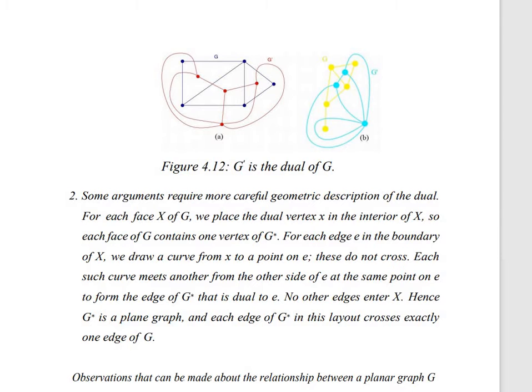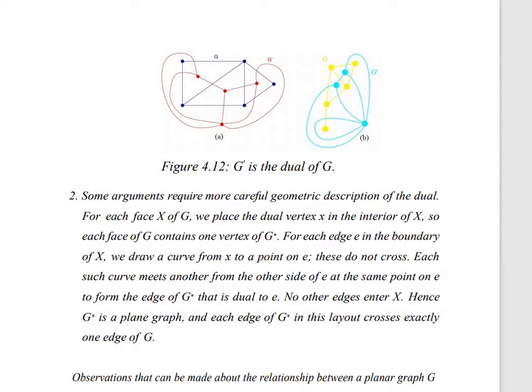Some arguments require a more careful geometric description of the dual. For each face X of the graph G, we place the dual vertex X in the interior of X, so each face of G contains one vertex of G star. For each edge E in the boundary of X, we draw a curve from X to a point on E. These do not cross.